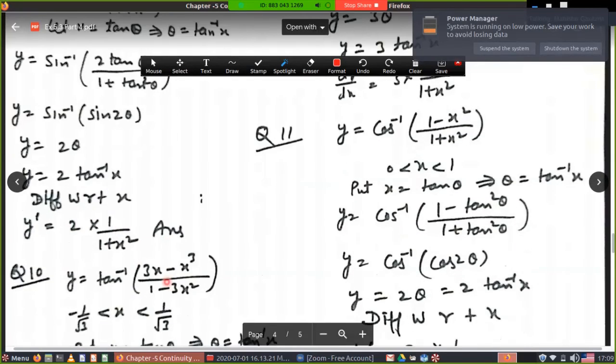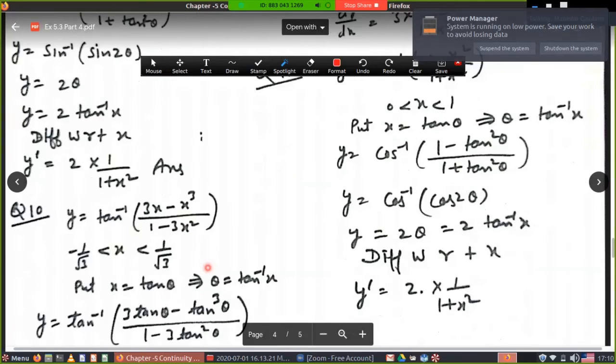In question number 10, y is equal to tangent inverse 3x minus x cube upon 1 minus 3x square. As you know, when I put here x is equal to tangent theta, it becomes the formula of tangent 3 theta. So I have put here x is equal to tangent theta, then this implies theta will be equal to tangent inverse x. Put the value of tangent theta at the place of x.